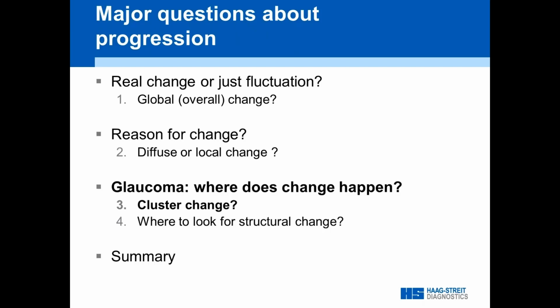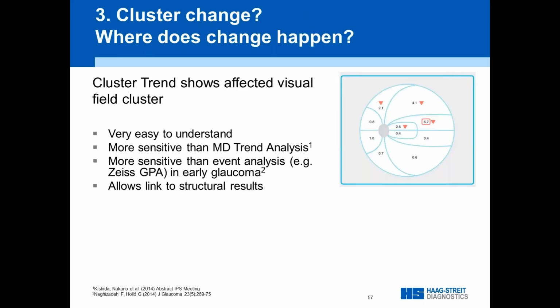Then it may also be interesting to know where does the change happen, cluster change, and where to look for structural change. There's one question just popped up. Yes, sure. Are these analyses, the MD and DD, only available with EyeSuite and not with any competitor? Well, the MD is a more universal thing, though, for example, the Humphrey uses another index, the VFI.